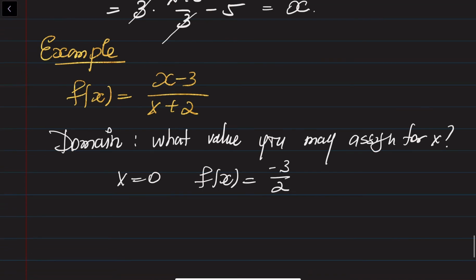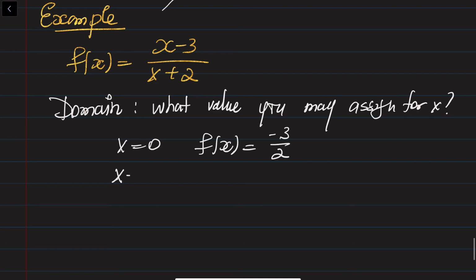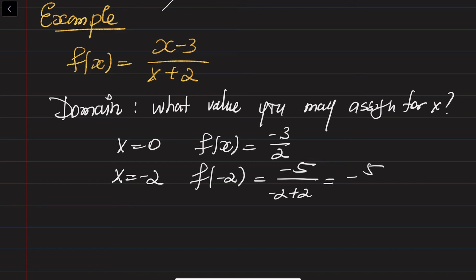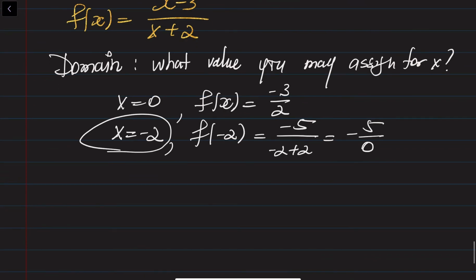What you can't assign is x equal to minus 2, because if you substitute this, what you get is minus 5 divided by minus 2 plus 2, which is minus 5 divided by 0. At this stage, we don't know what this value is, so that is why this point cannot be in the domain.